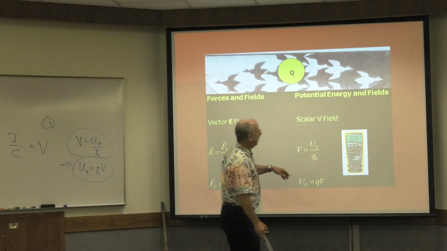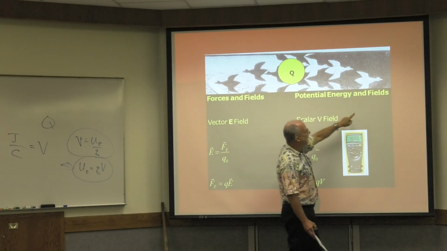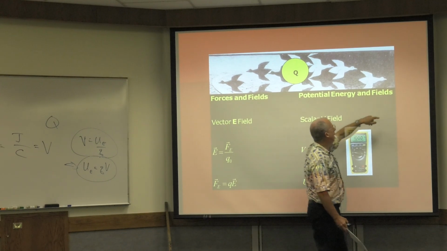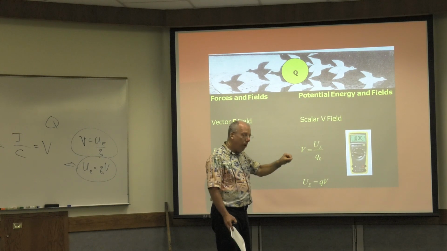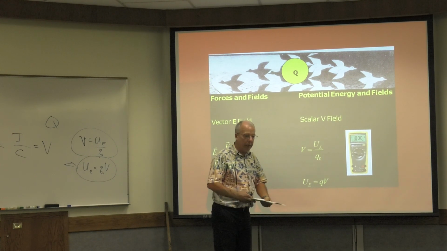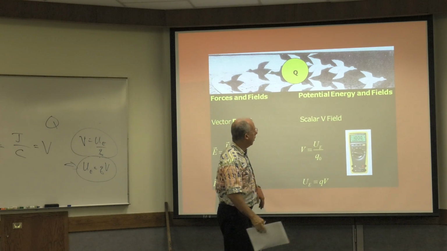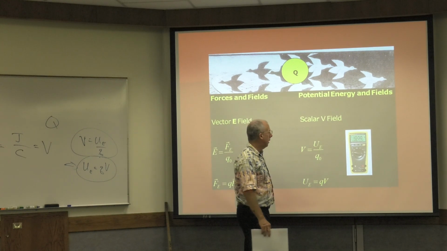The second way of looking at it is we say this thing creates a V field, a scalar potential field. How do you measure it? You put a probe near it. The probe has potential energy, just like this thing has gravitational potential energy. You put a probe near this, and it has electrical potential energy.